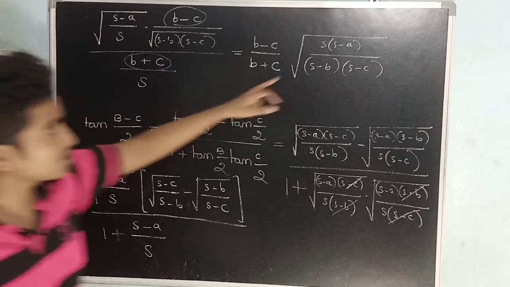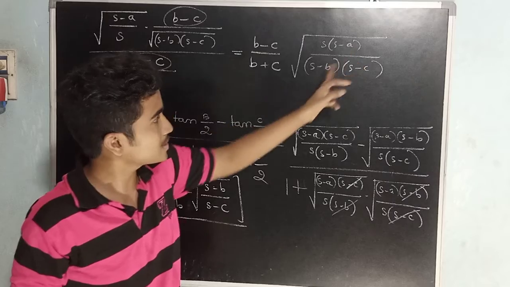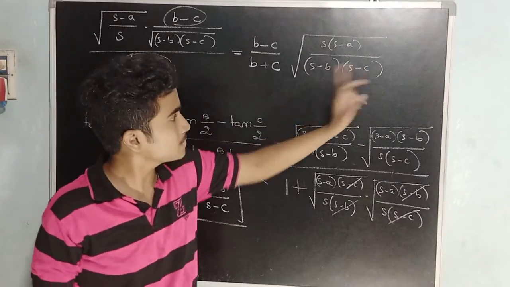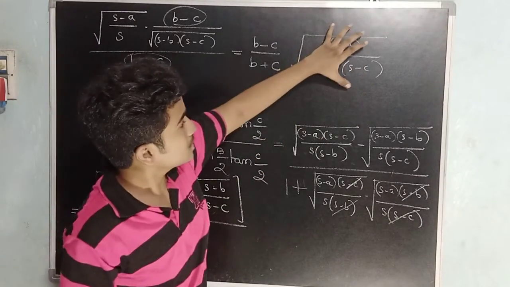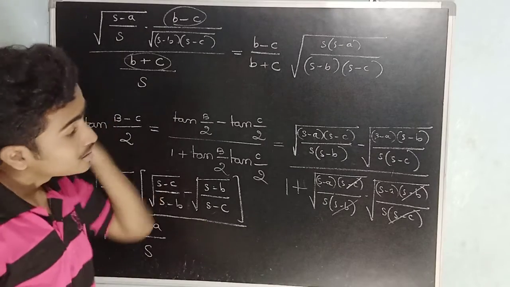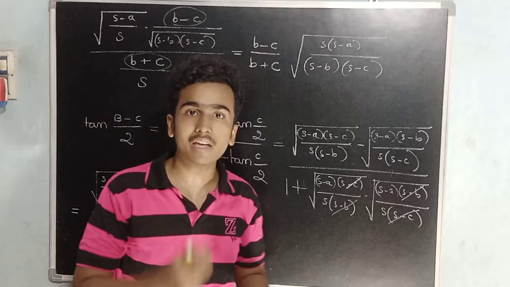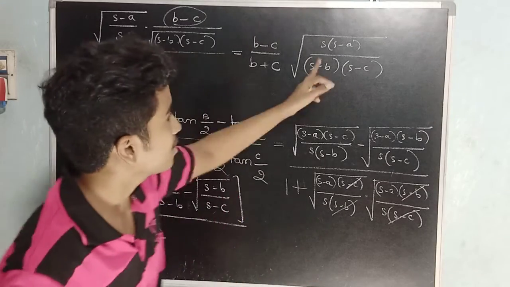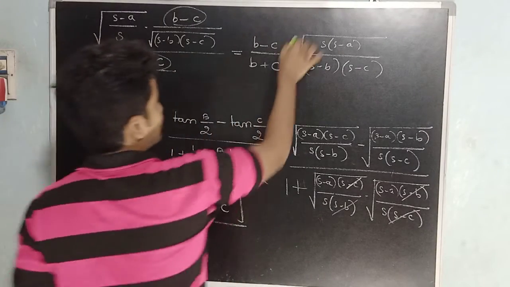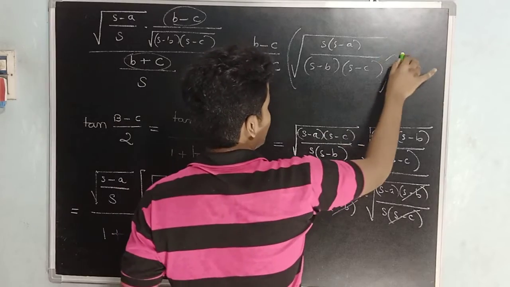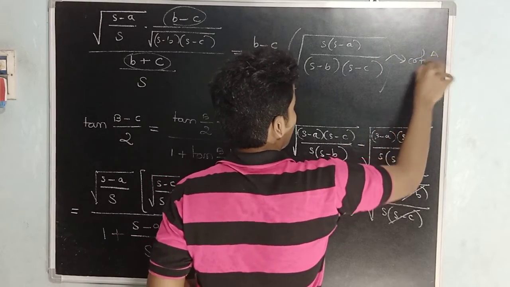Simplifying these three parts, we are going to get s of s minus a by s minus b into s minus c. What we can understand by seeing this form is that it represents the half angle formula for cot A by 2. This whole term can be written as cot A by 2.